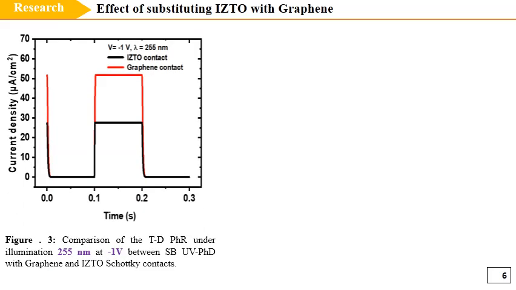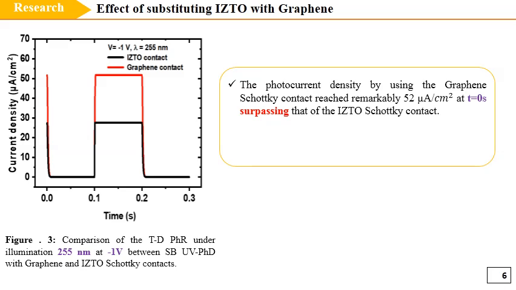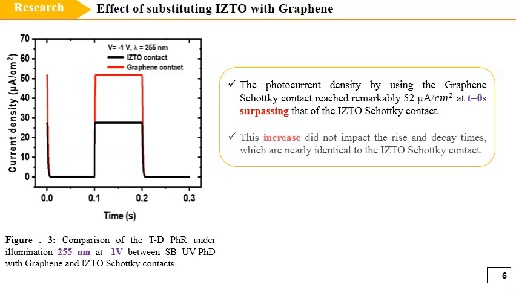Figure 3 shows the time-dependent photoresponse using graphene and IZTO Schottky contacts at -1 volt and 255 nanometer wavelength. The photocurrent density using the graphene Schottky contact reached a remarkable 52 microampere per cm^2 at t equals 0 seconds, surpassing the IZTO Schottky contact.